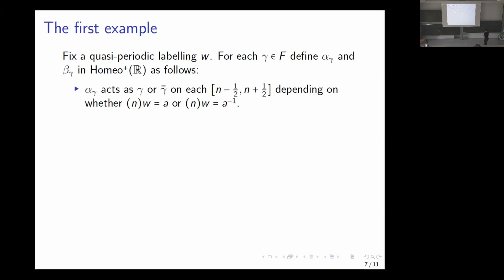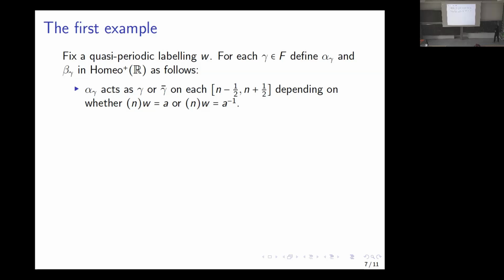Okay. So alpha gamma, I'll just draw alpha gamma up here. Above an A, it should just do gamma. So on this interval, it should just do this. Above the A inverse, do the opposite.